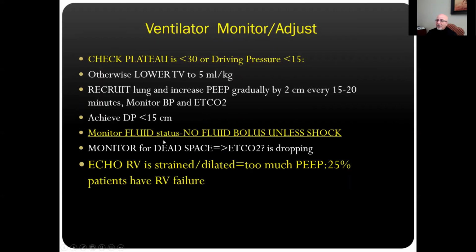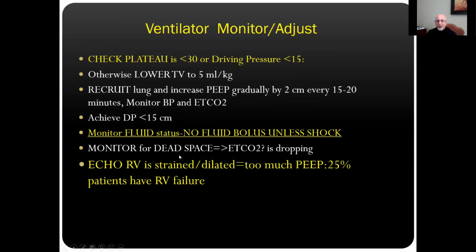Generally, when we're monitoring fluid boluses, one should look for fluid-responsive patients and not automatically give patients fluid boluses. If the patient is in septic shock, they have lactic acid greater than 4, one should still use mechanisms of assessing fluid responsiveness and echo.